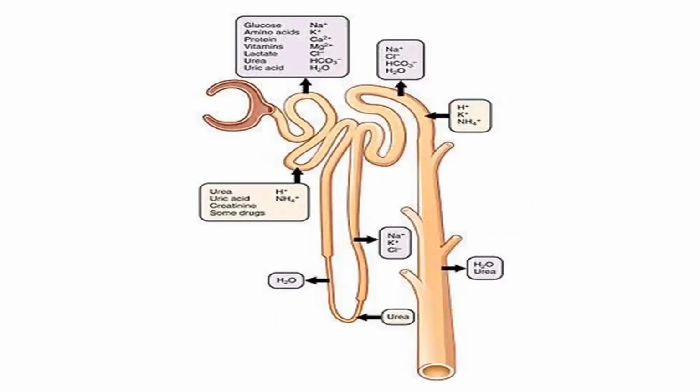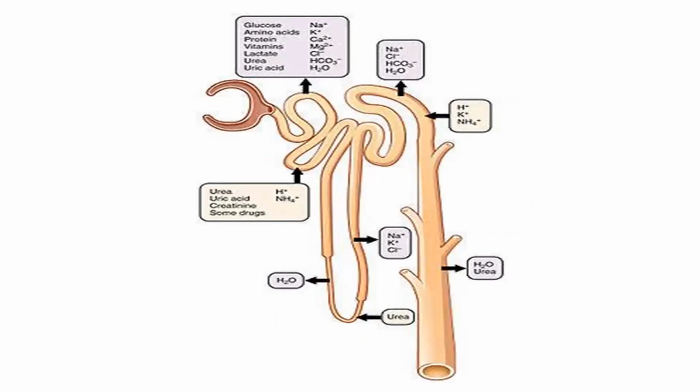Now, again, the functions of the proximal convoluted tubule: it in fact reabsorbs everything which is filtered from the glomeruli, like glucose, amino acids, protein, vitamins, lactate, urea, uric acid, and electrolytes. In fact, 99% of reabsorption occurs at the proximal convoluted tubule. And then there is selective reabsorption and secretion.